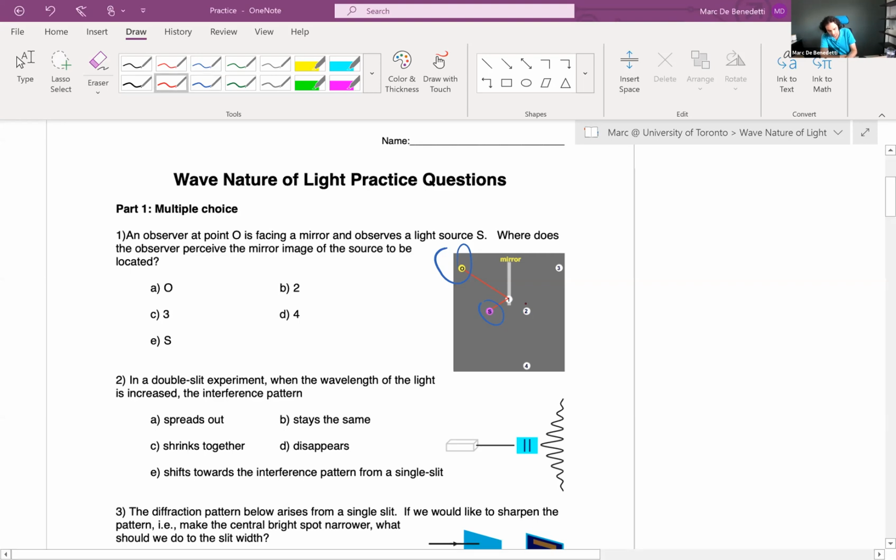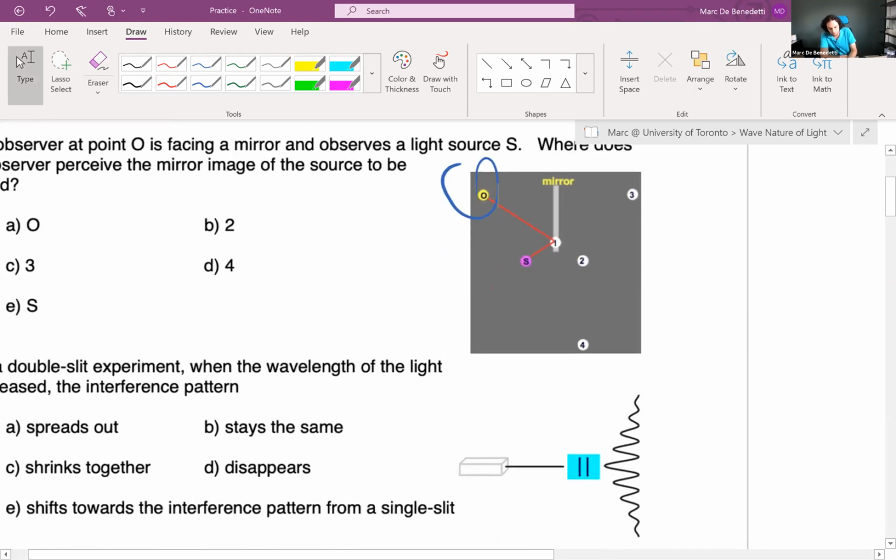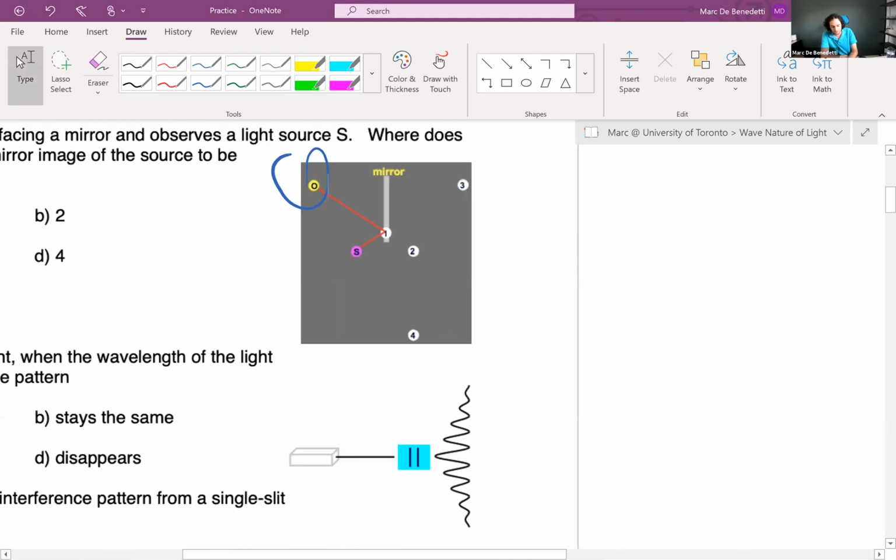I think the answer is going to be 2, because that's the location of the virtual image formed from the candle here. So if we extend the mirror, then the light rays from here are going to bounce backwards, but then they're going to be traced back to location 2.